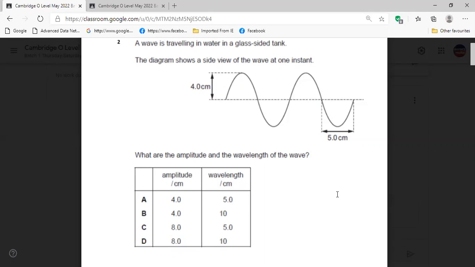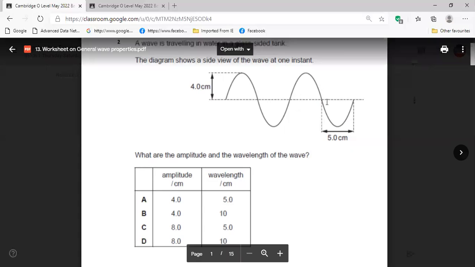Mine is C. Can you explain how it is C? Only one is left for me.